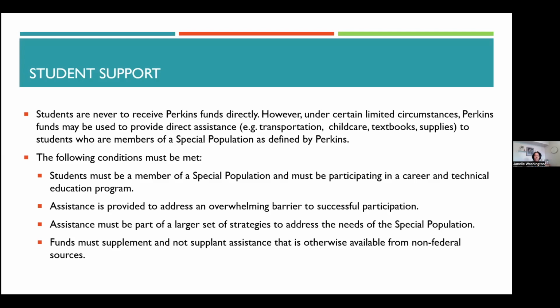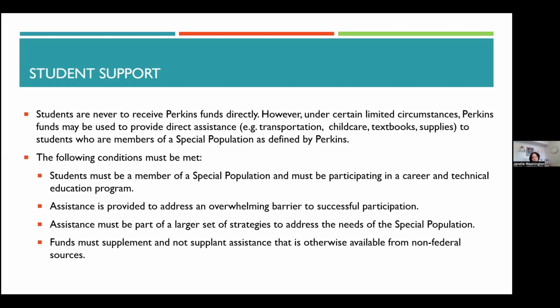But Perkins has consistently made provisions to provide limited direct student support for students who are members of special populations, understanding that these students may need additional support to reduce or eliminate out-of-pocket expenses that may be creating a barrier for them accessing or fully participating in CTE.